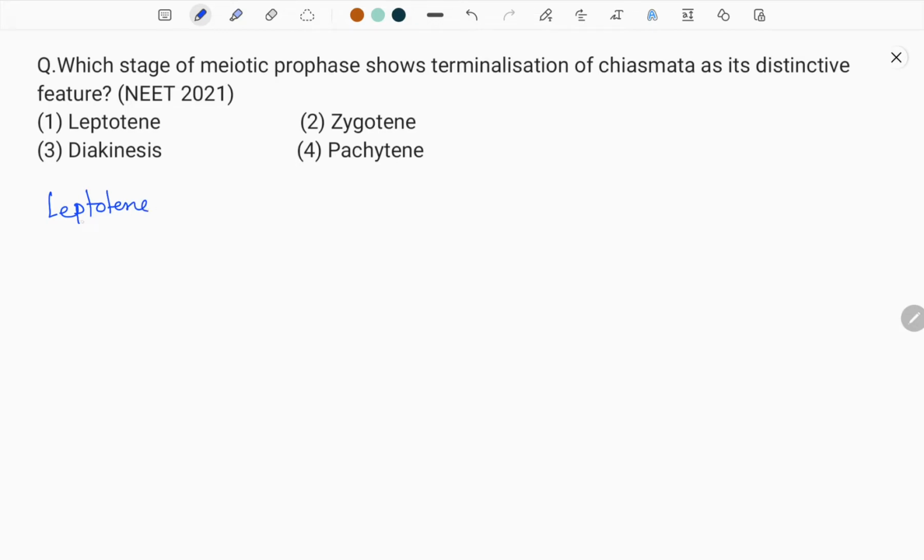So during the leptotene, chromomeres appear. There are knob-like structures present on the chromosomes. Apart from that, in the leptotene, all the chromosomes cluster and appear like a bouquet or like a knot. It's also called bouquet stage, or it is called the knot stage.